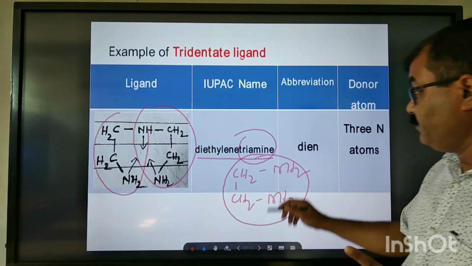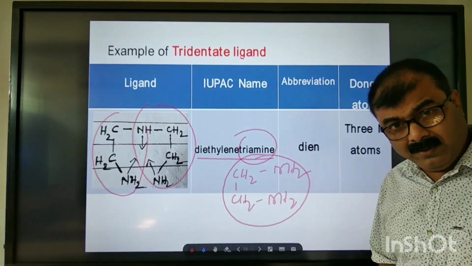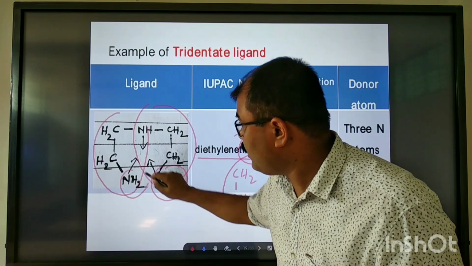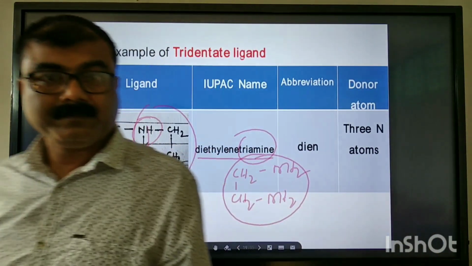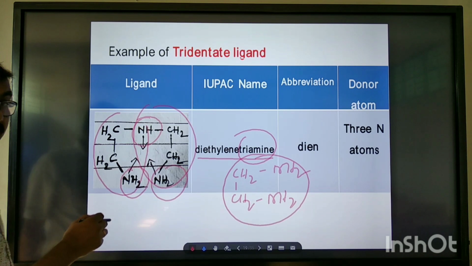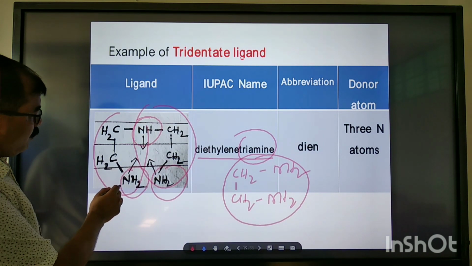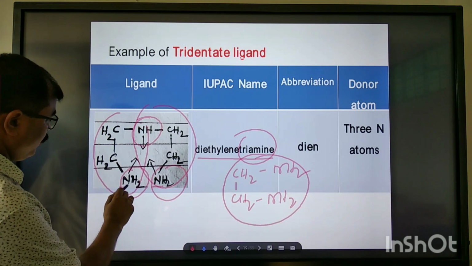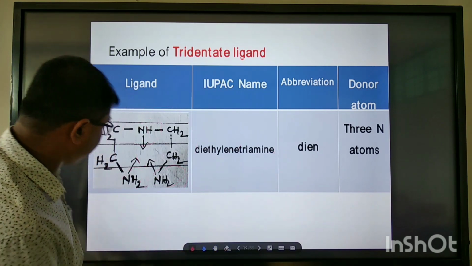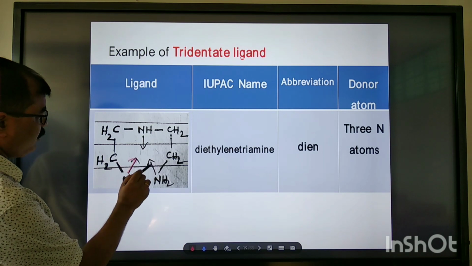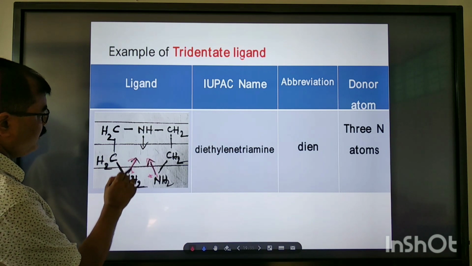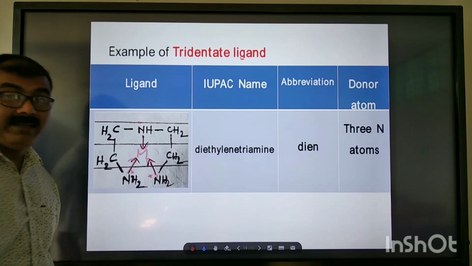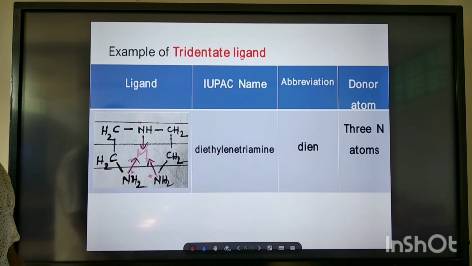Diethylene means 2 ethylene molecules. Triamine, why? Because 1 amine, 2 amine, 3 amine. There are 3 nitrogen atoms, 1, 2 and 3, through which it can form a coordinate bond with metal.